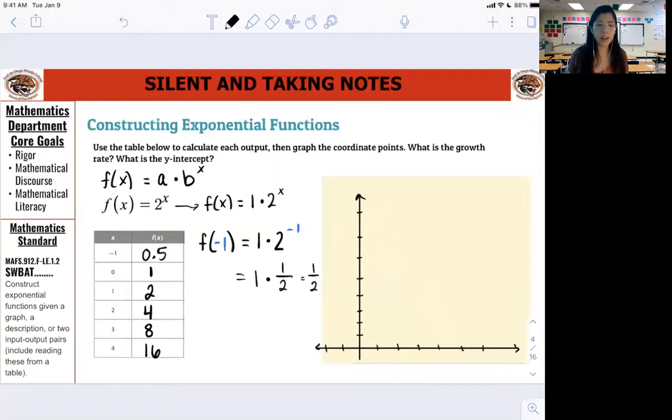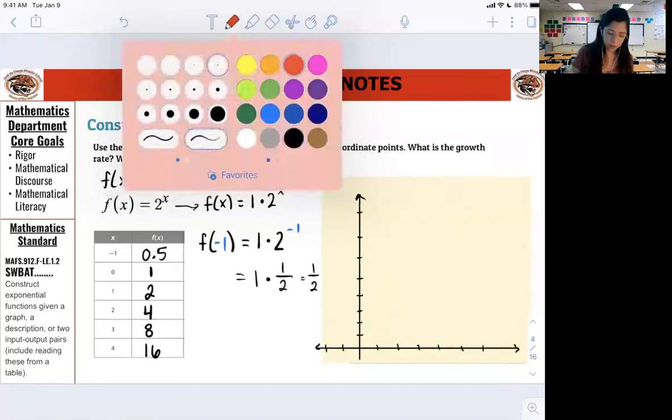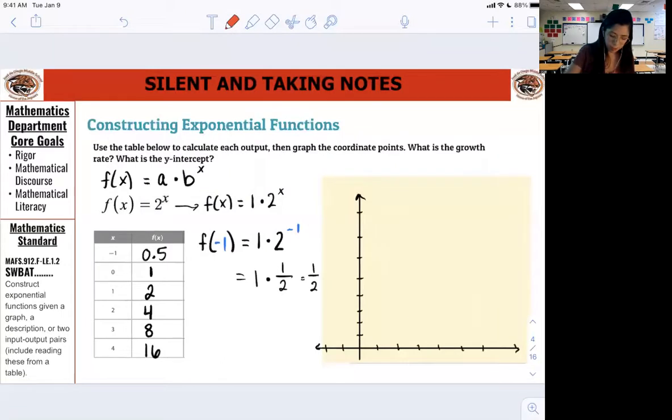So now I can go ahead and put all of these values in. So I have -1, 0.5, 0, 1, 1, 2, 2, 4, 3, 8.